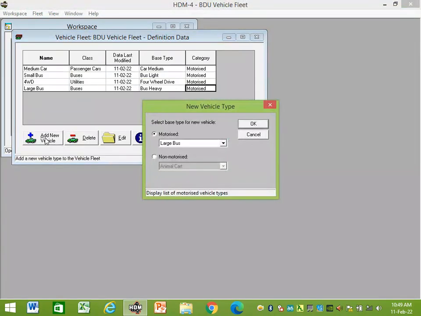Okay, save. What else? Next one, small truck, light truck, like Isuzu in our case.